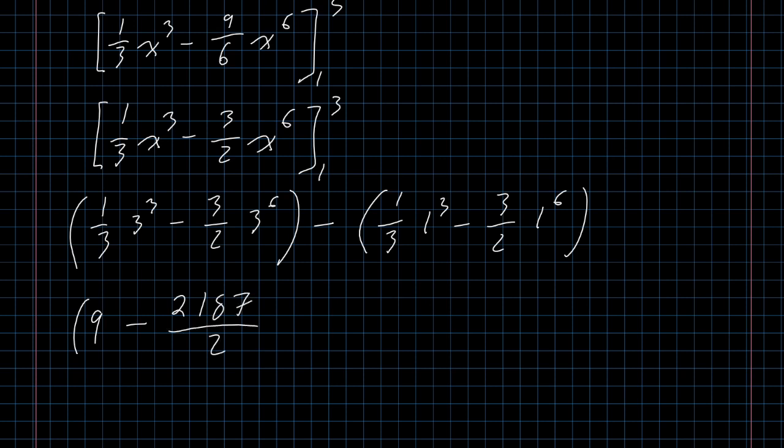I'm just going to really hope that I have some extra over 2 that will make this work out nicely. If not, my answer will be a fraction. And of course, it's going to be a fraction anyway because I have an extra over 3 hanging out over here that I can't do anything with.